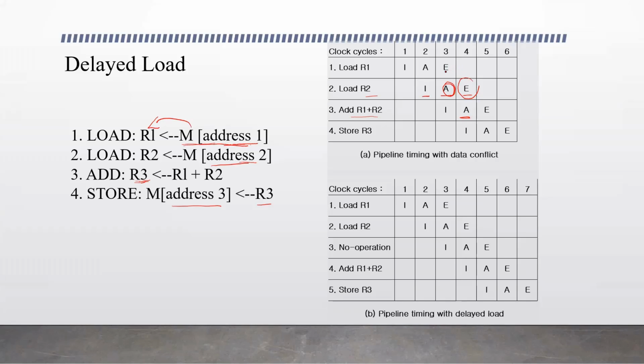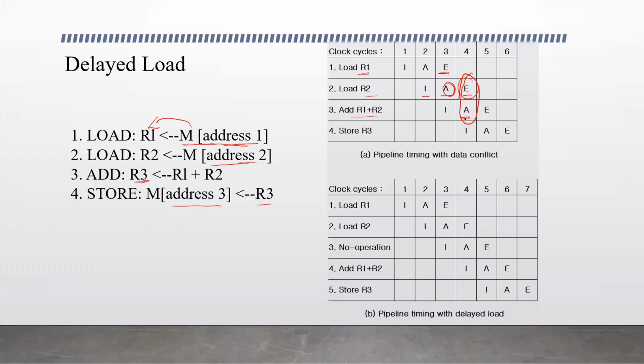R1 is available because the execution of the first instruction is over; the memory operand is loaded into R1 in clock cycle 3. But what about R2? Instruction 3 needs R2 also, which is currently being loaded from memory by the second instruction. So there is a data conflict, which we call a data dependency conflict.